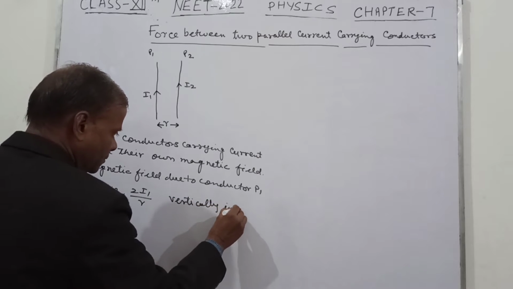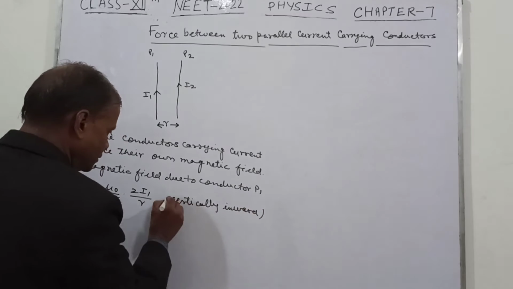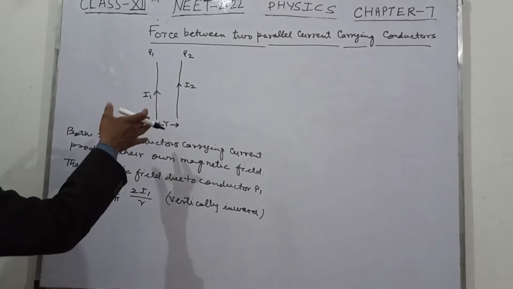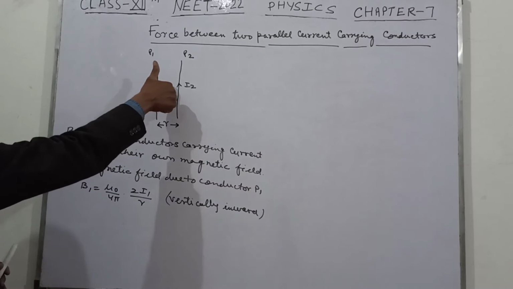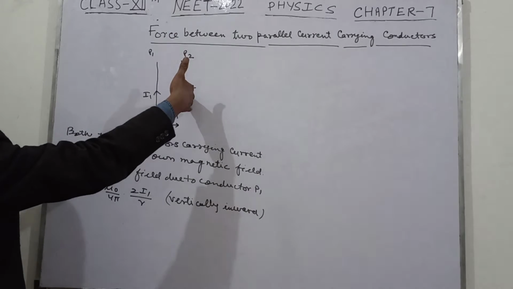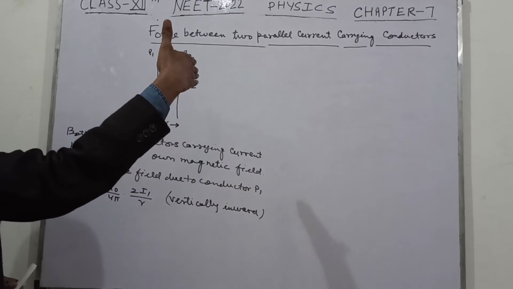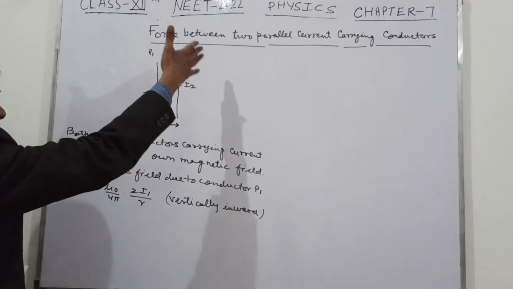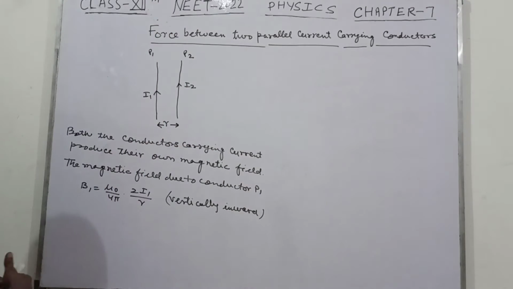By the right hand rule, my fingers are going inside this board, so the magnetic field will be inward of this blackboard.